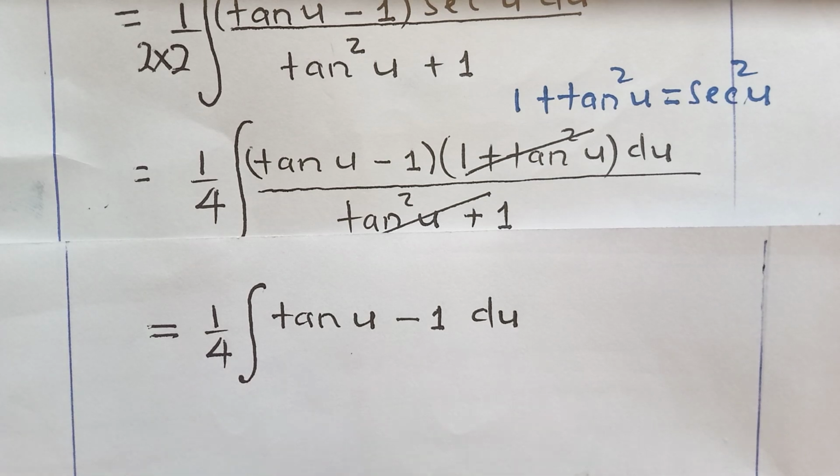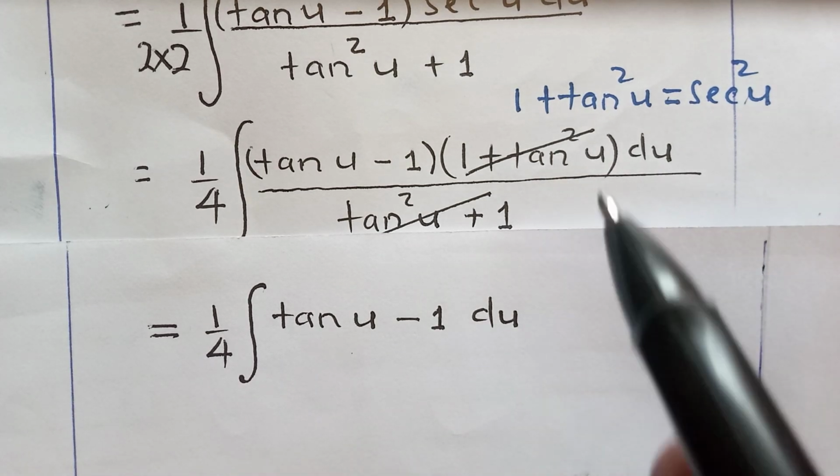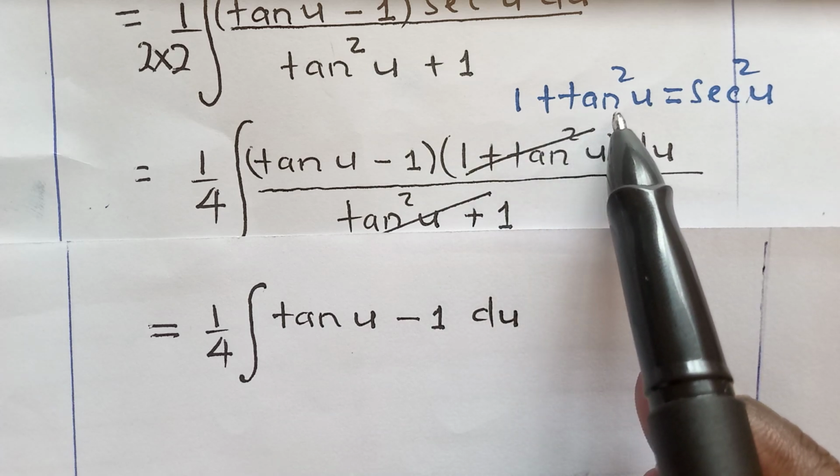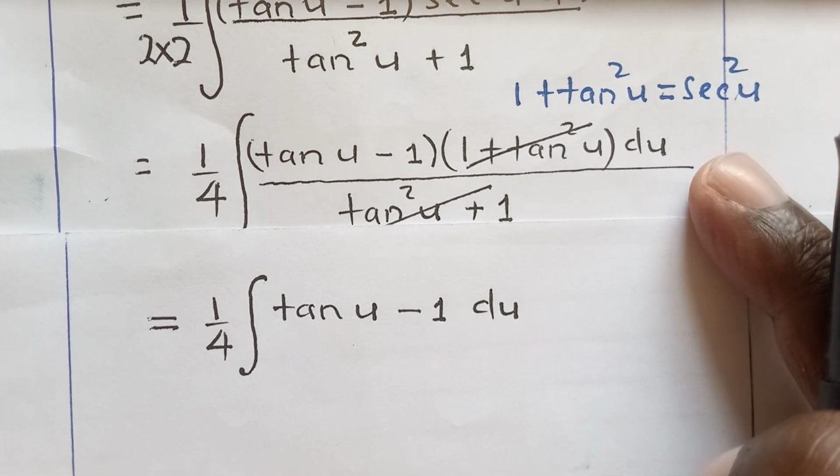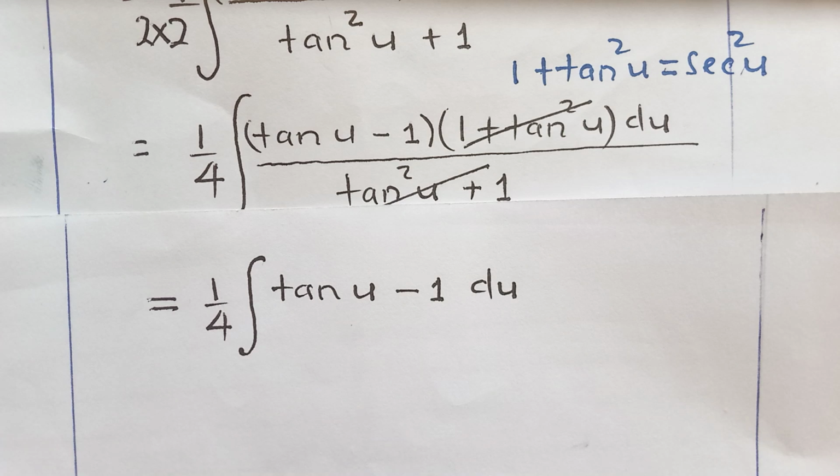And this one we can now do, remembering 1 plus tan squared u is equal to sec squared u. We do this question with that in mind.